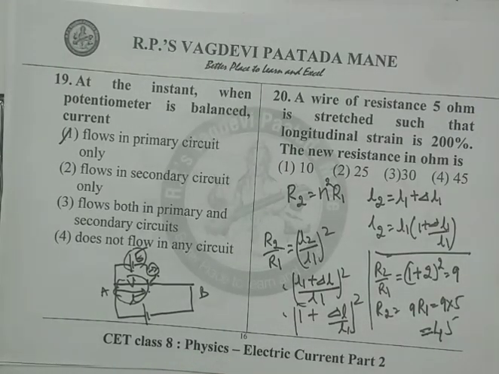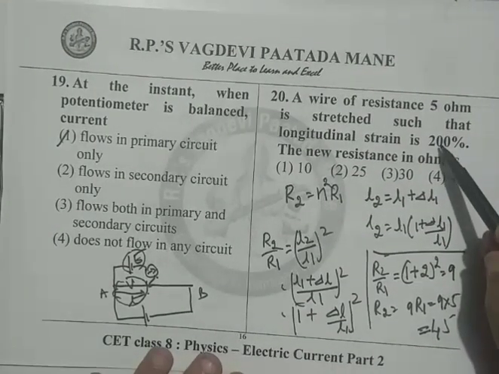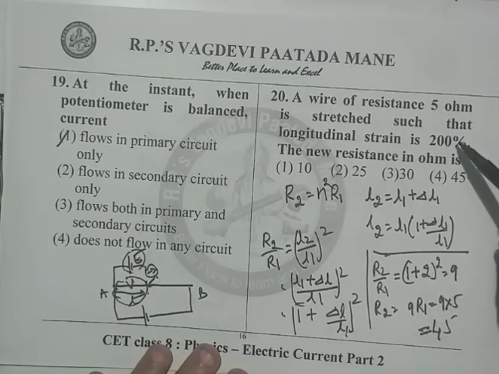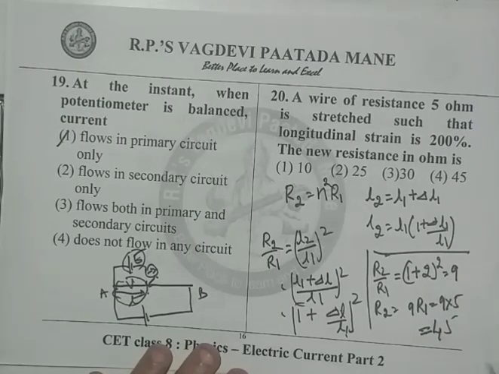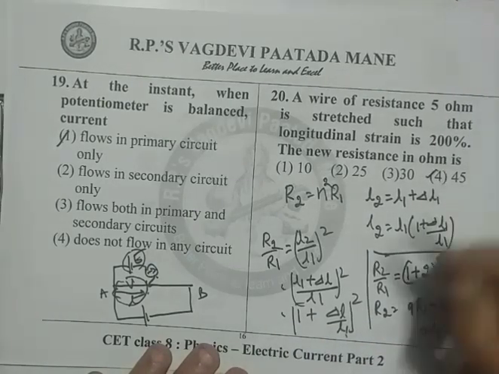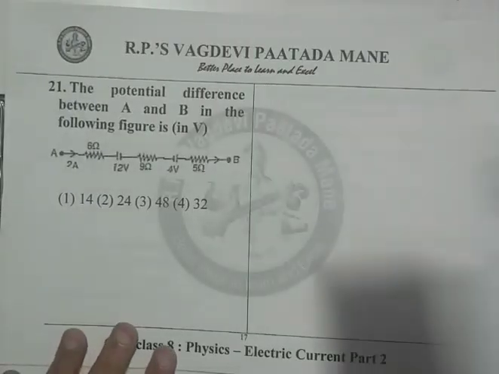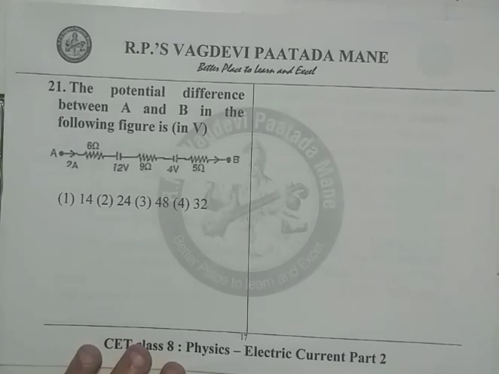Here, longitudinal strain means delta L by L1, which amounts to 200%, which is nothing but 2. Therefore, we have R2 equals 45 ohms, which is the fourth option. The fourth option is correct.